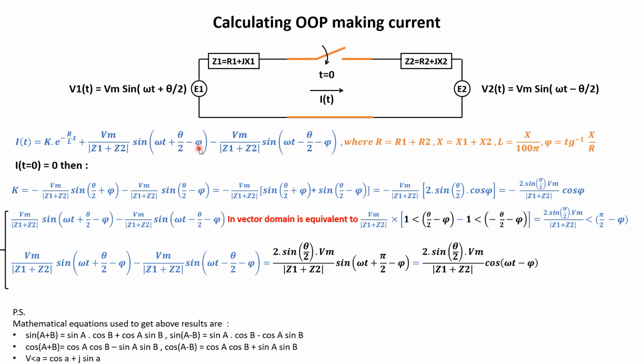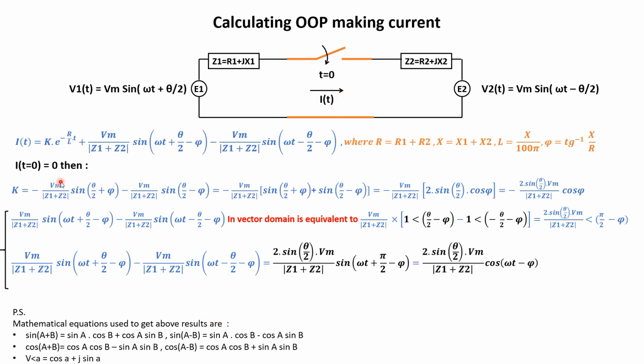These two currents, with this angle minus the angle of the whole summation of the impedances, are subtracted from each other, because this current minus this current is in an arbitrary direction.